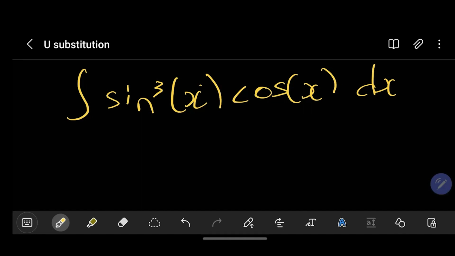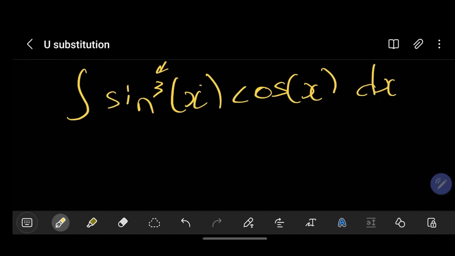Okay, so although this has the higher exponent, we know that if we do use cos of x as u, the du would be sine of x, allowing us to cancel out one of the sine of x's. So we can take that approach first and see what happens.